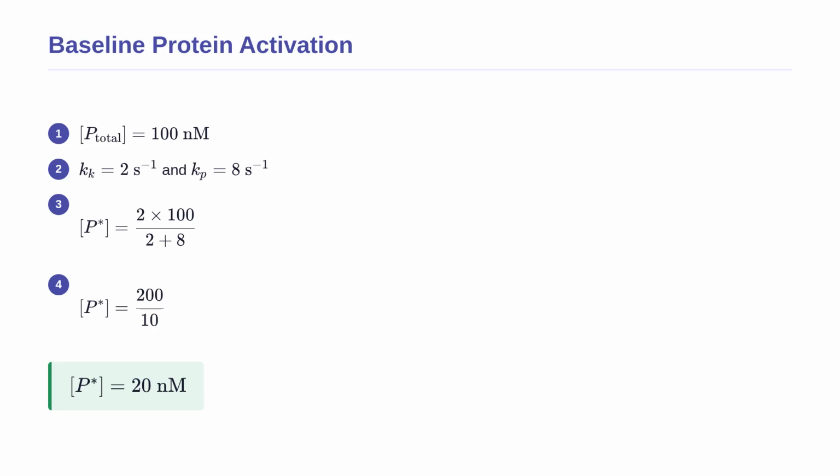The numerator becomes 200, representing the kinase drive, and the denominator becomes 10, representing the total system turnover. Dividing these gives us a final answer of 20 nanomolar. This means in the resting state, only 20% of the enzyme is active, preventing the cell from wasting energy.